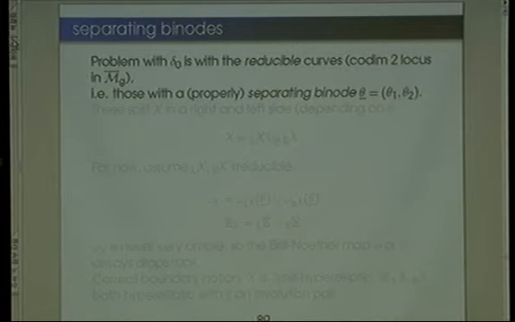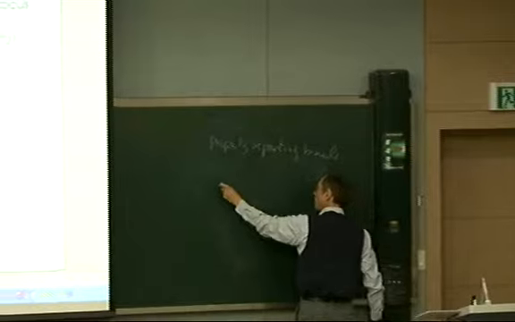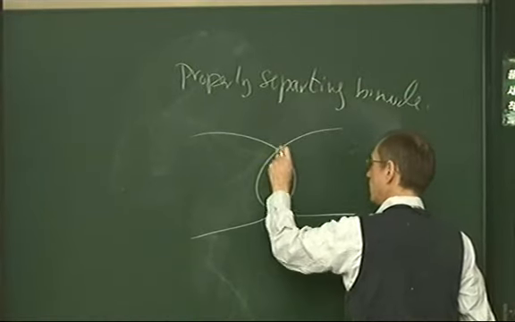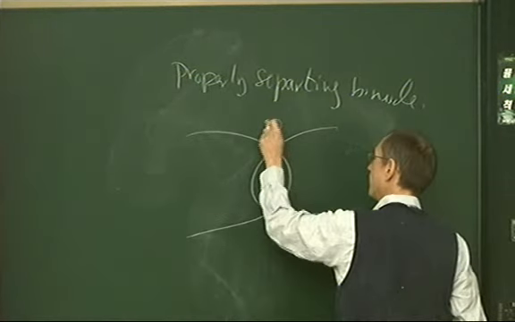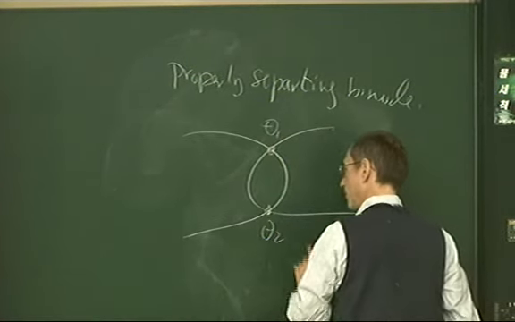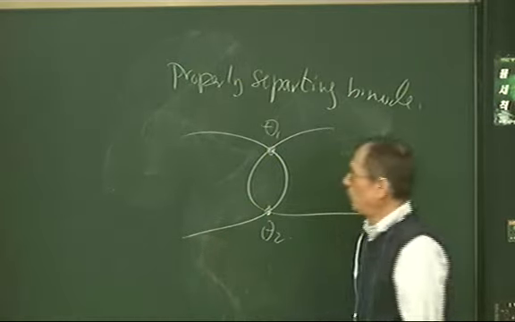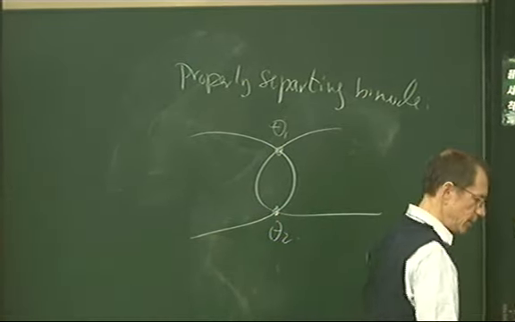I think that's written up there, right? Yeah, okay. And what's the picture? So you have two curves and they intersect like this. So you have a pair of nodes, neither one of which separates, but the pair together does.